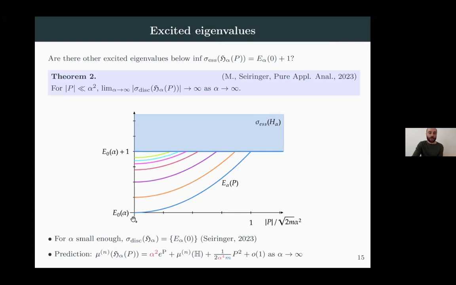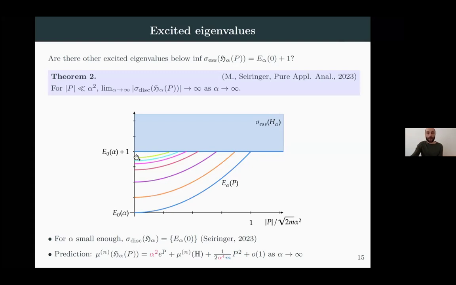no such eigenvalues appear. So it's known from a paper by Robert that the discrete spectrum in the opposite regime, in the small coupling limit, really only consists of the ground state eigenvalue curve. So the picture now is that there are no eigenvalues at weak coupling, and at some point, for some large value of the coupling, there will appear the first eigenvalue.